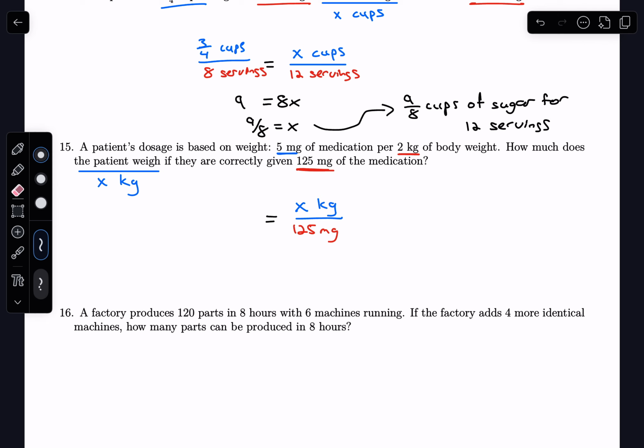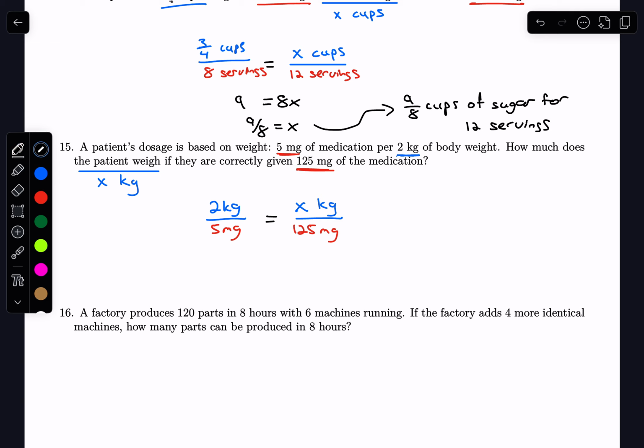Just because the colors match doesn't mean the problem matches. If we switch the colors to where they should be, kilograms was meant to be blue, milligrams is meant to be red, so we should have that 2 kilograms is on top and 5 milligrams is on bottom. I did that on purpose here just to point out that you need to double check. When you set these things up, we need units to match units.